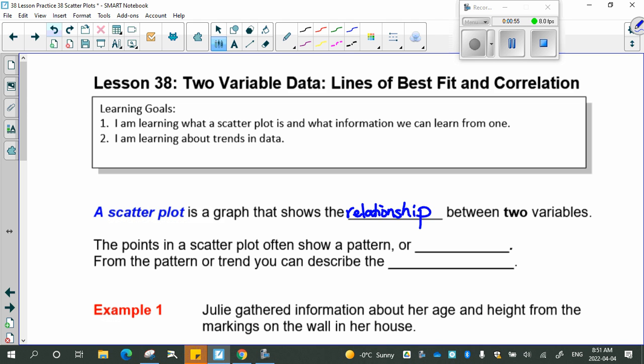The points in a scatter plot often, not always, often show a pattern, or we call it a trend. From the pattern or trend, you can describe the relationship. And we'll give you the words that you're going to use to describe it mathematically.